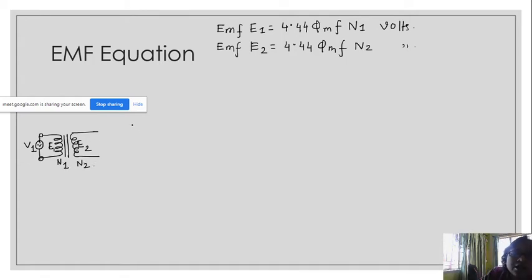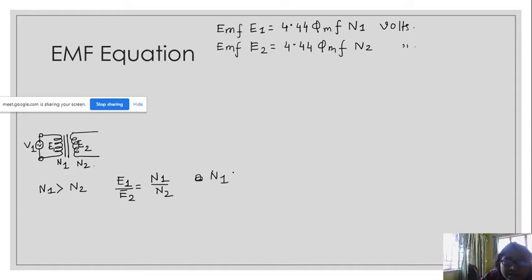When N1 is greater than N2, it is called a step down transformer. Why? When N1 is greater than N2, what will be the relation between E1 and E2? E1 and E2 are proportional to N1 and N2, so the ratio is N1 by N2.